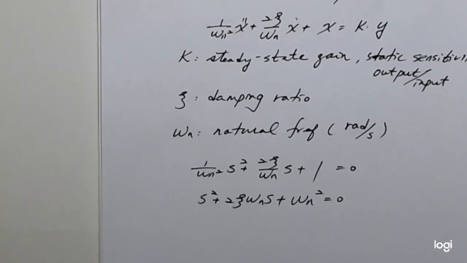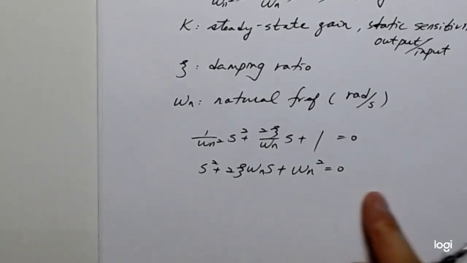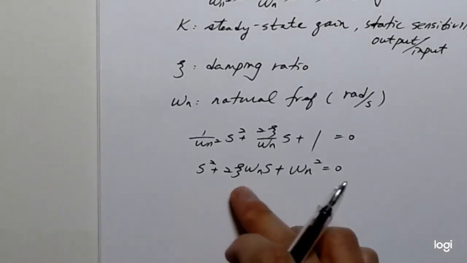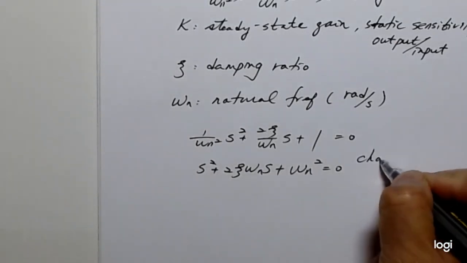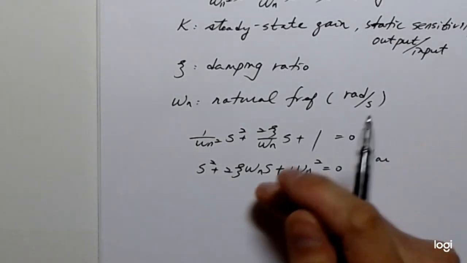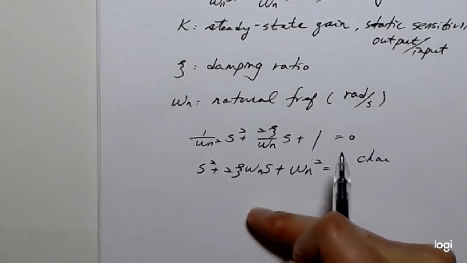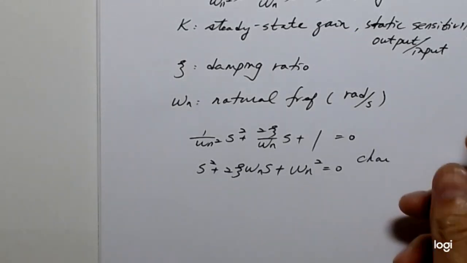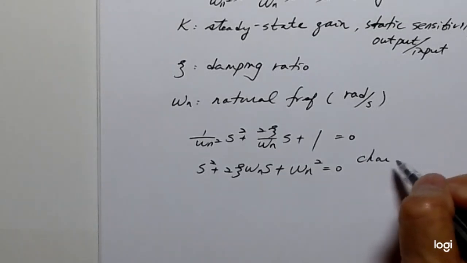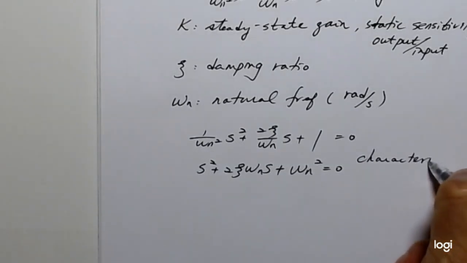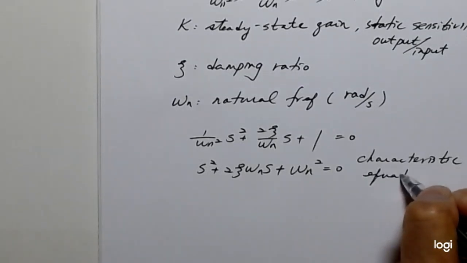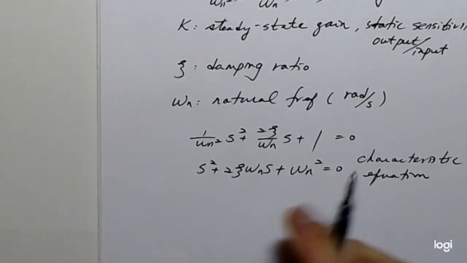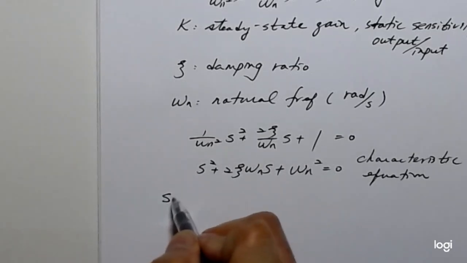Based on this, we solve for s, which is what we call the characteristic equation, and try to find the poles or characteristic roots.